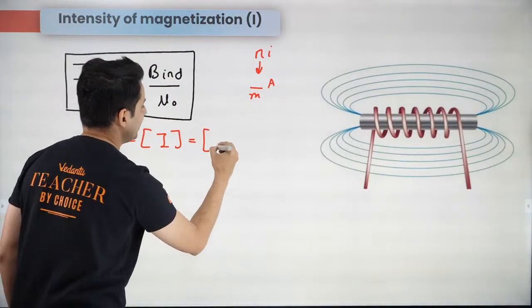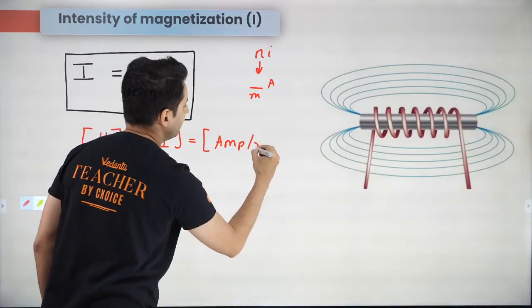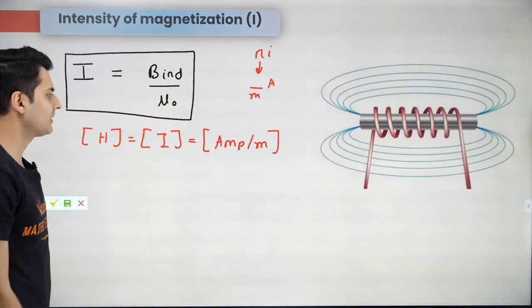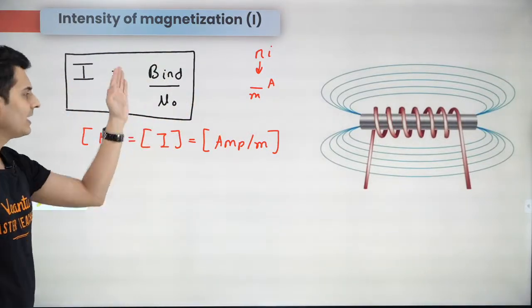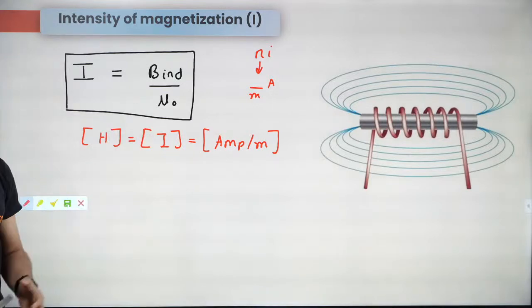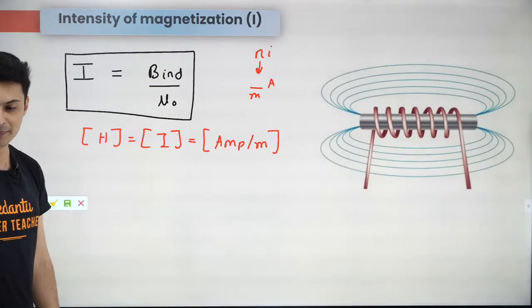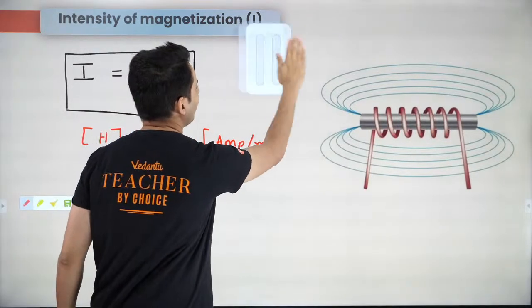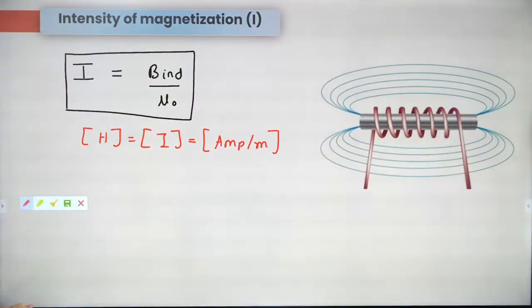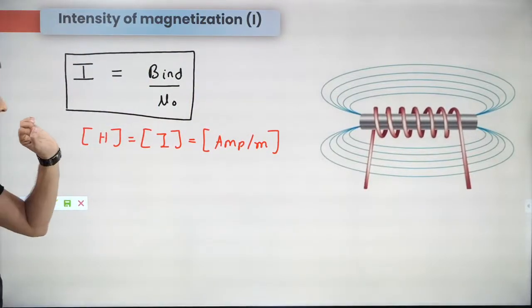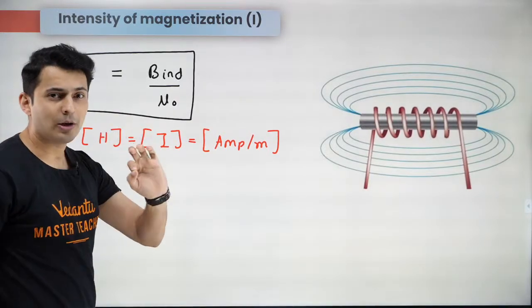So the unit will be nothing but ampere per meter. So this is the unit for H and I, both of them are the same. Very, very important.